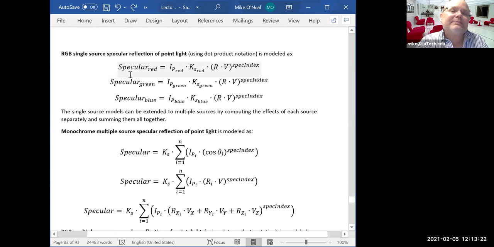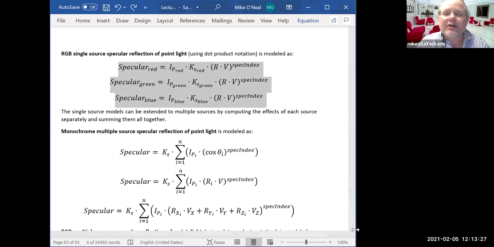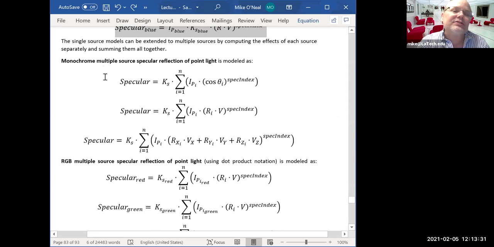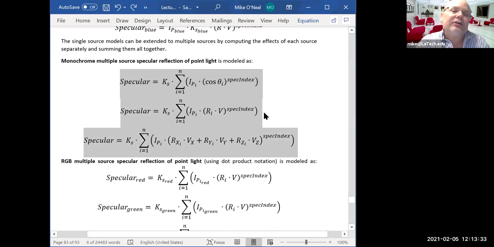So we can expand this to red, green, and blue. Nothing changes. I just now have 3 copies of the equation. We can expand to multiple light sources in the monochrome case. All you do is subscript the intensity of the point, and subscript the angle, because every light source is going to have its own reflection vector.